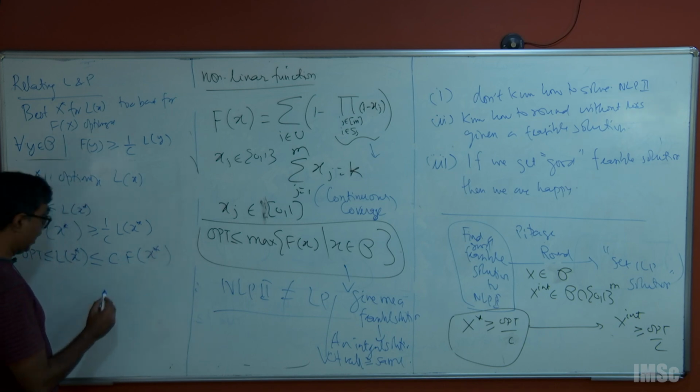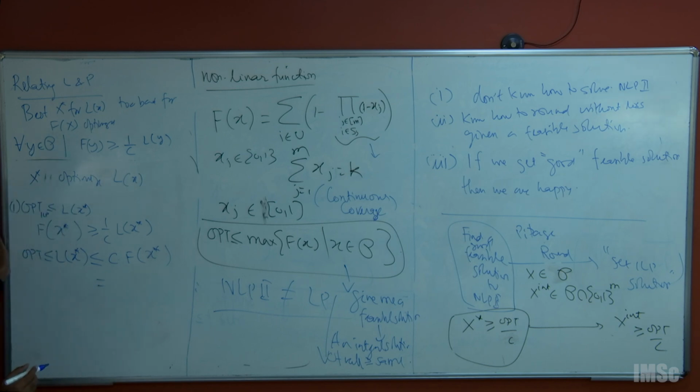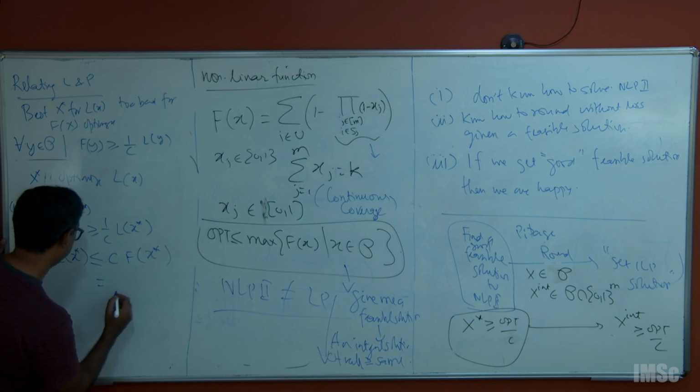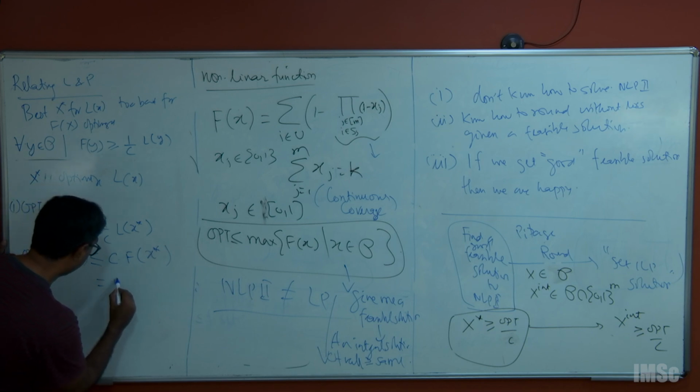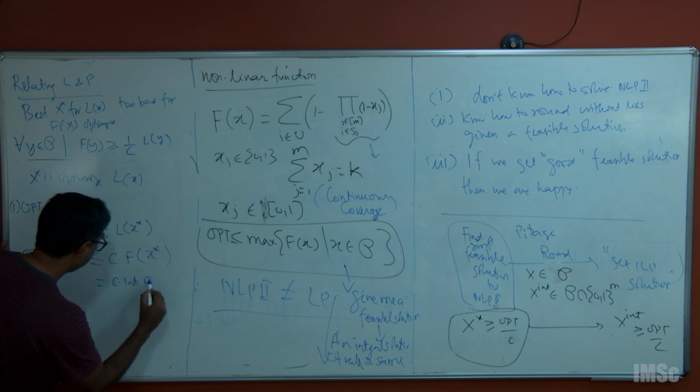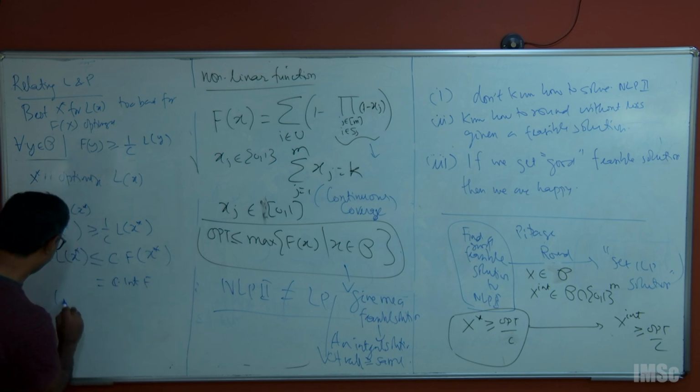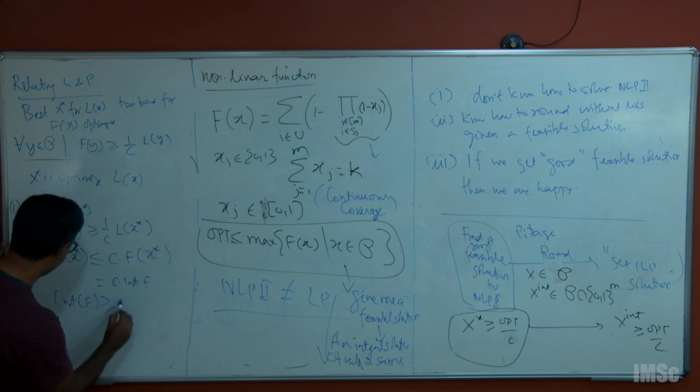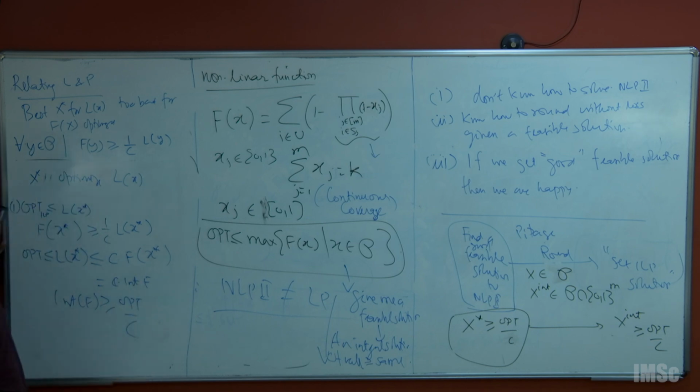And now f of x star is feasible for this. So we are going to get c times integral f, which implies integral of f is at least opt by c, and I am good.